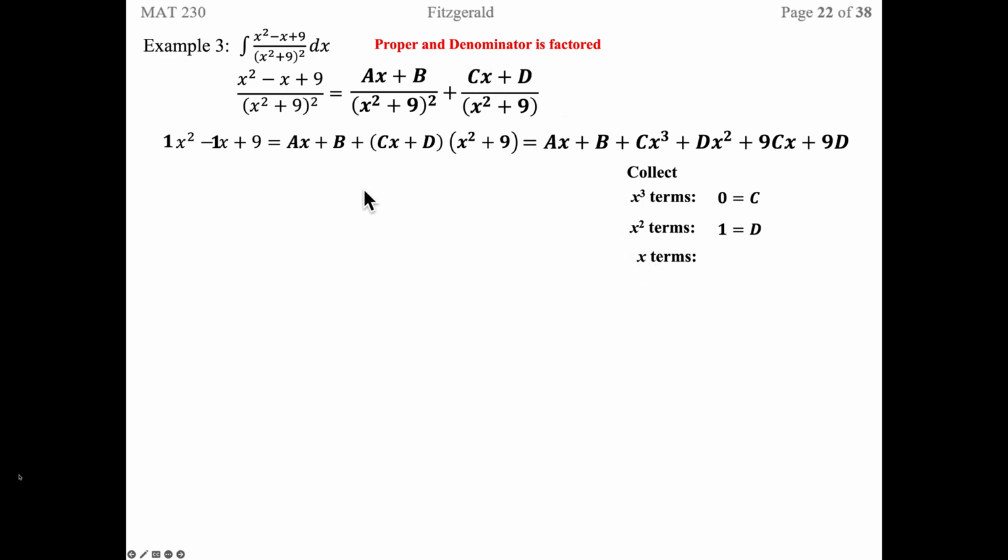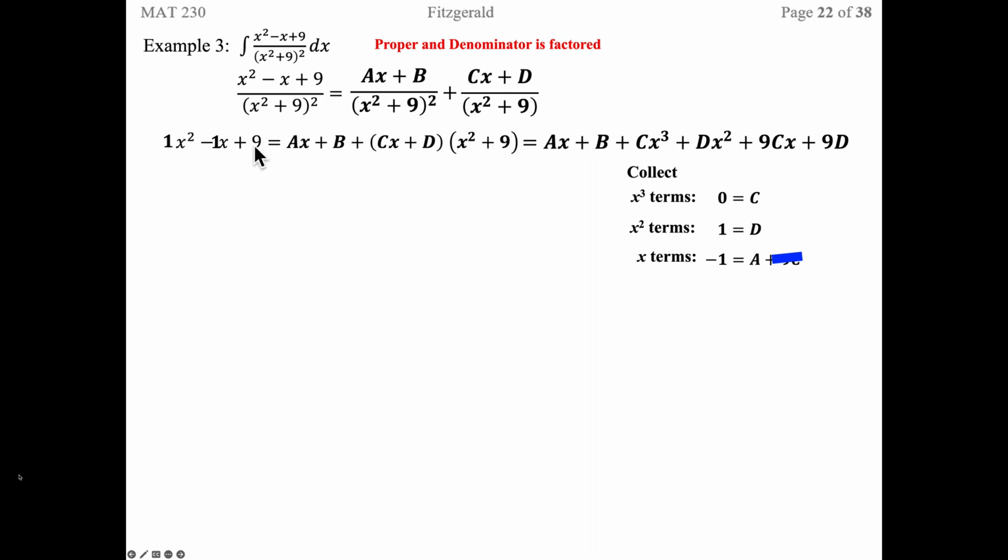Collect your x to the first terms. That's a negative 1 right there. So that's Ax plus the 9Cx. Oh, but wait a minute. Negative 1 equals A plus 9C, but we already know that C is equal to 0, so this zeroes out. So A is equal to negative 1, so that's a negative 1x right here.